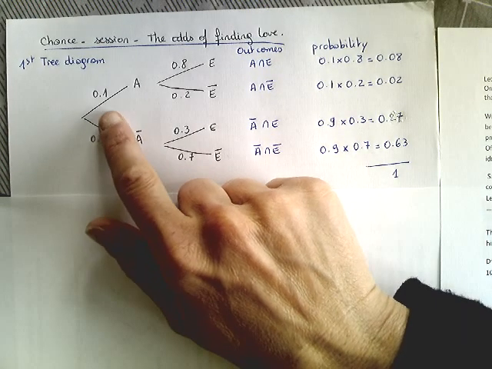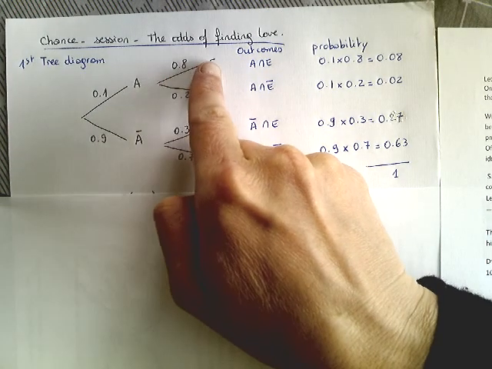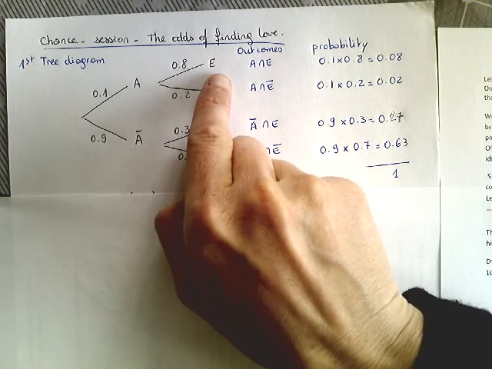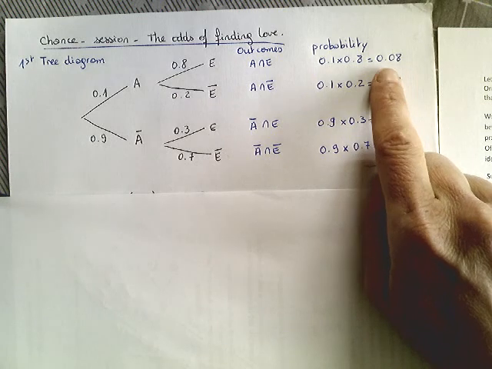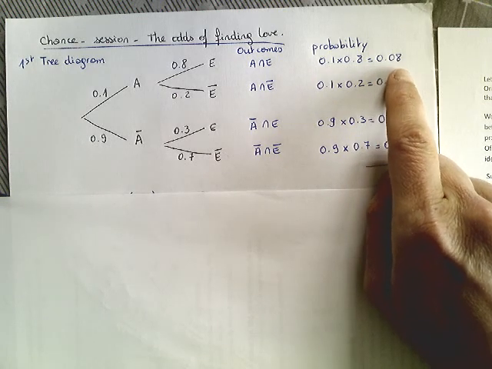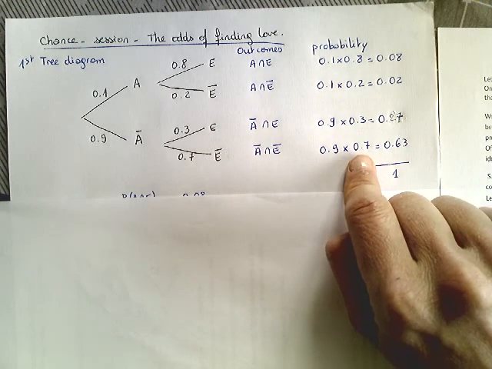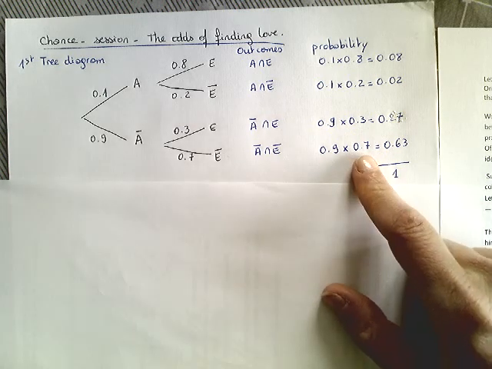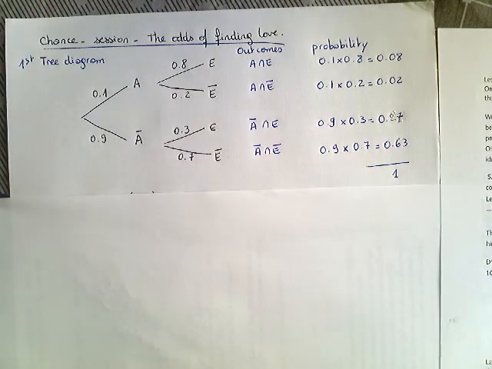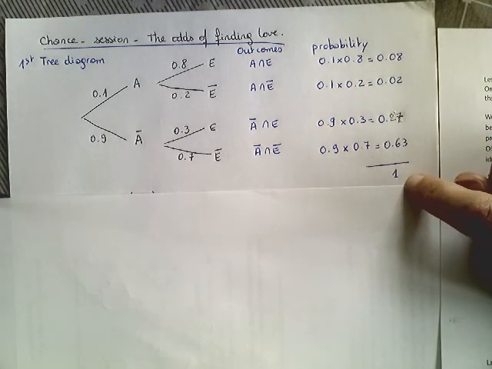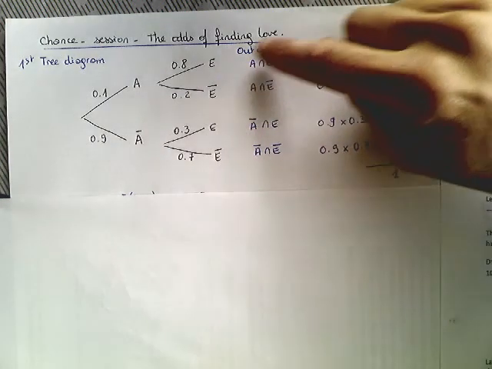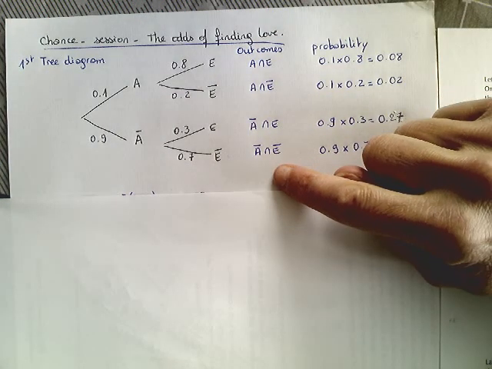We multiply the probabilities we find along the branch. 0.1 times 0.8, we find 0.08. Same reasoning for the other branches. And we make sure it's okay by adding them up, and we find 1, because these are the only outcomes possible.